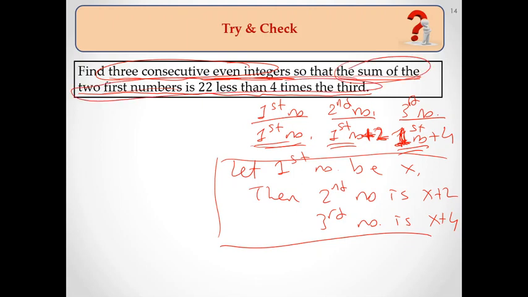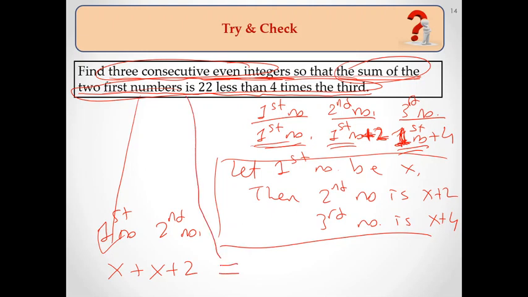So it says the sum of the first two numbers, which is x and x + 2, the first number and the second number, is 22 less than, so you have to put this -22.